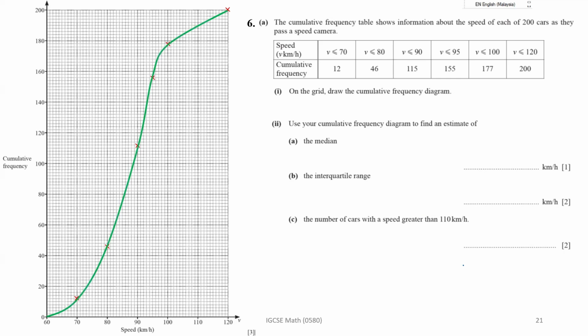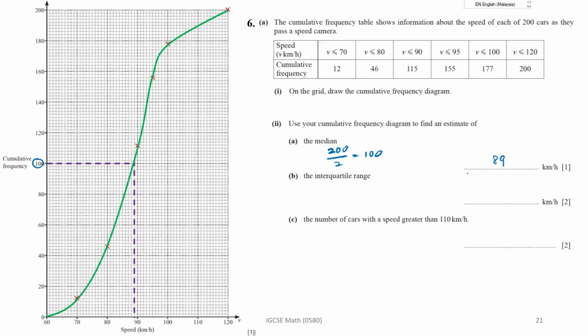Use the cumulative frequency diagram to find an estimate of the median. For the median, you just take the total 200 divided by 2, which gives 100. So 100 is here. Take the value. You get 89.